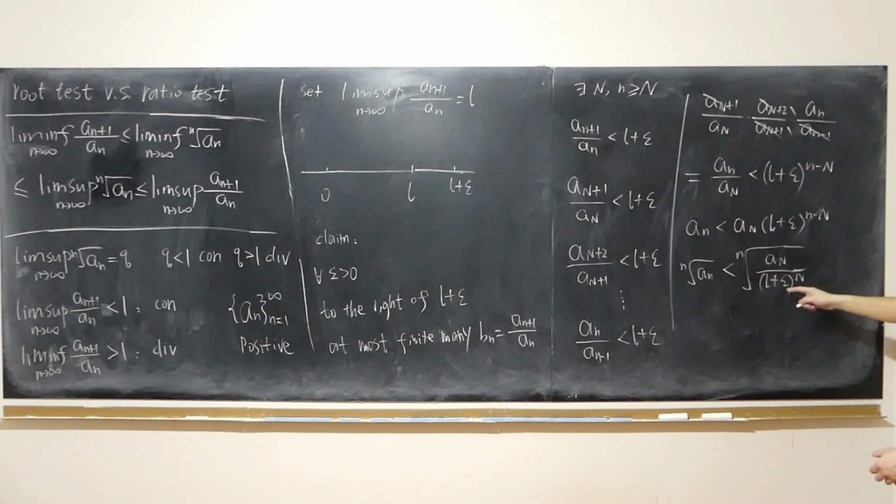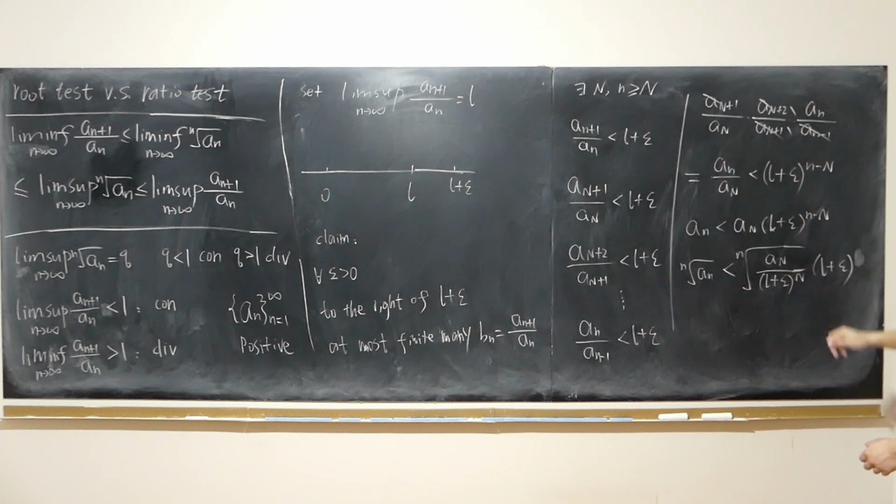So combine these two. I'm still left with L plus epsilon quantity to the power of small n. I haven't used this term yet. But then, like I said, take the nth root to this power. So this power is gone.